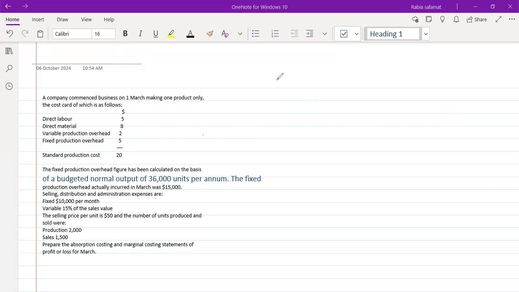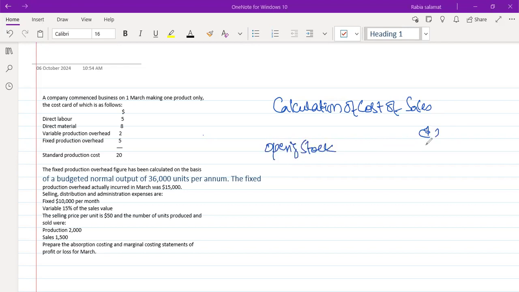Calculation of cost of sales: opening stock is nil and the cost of units produced.